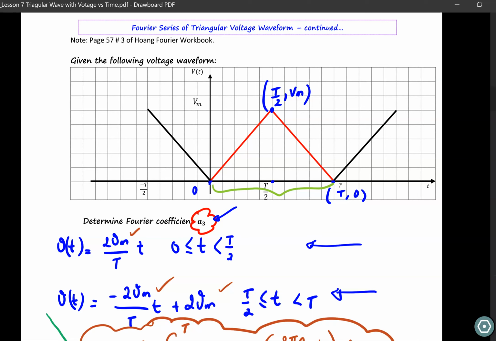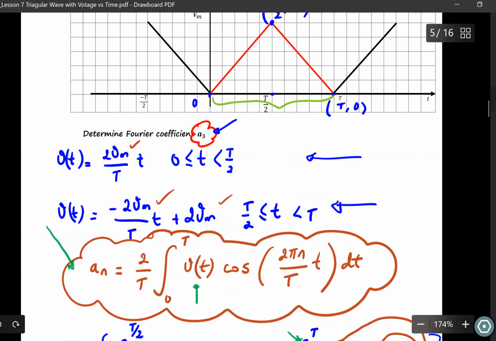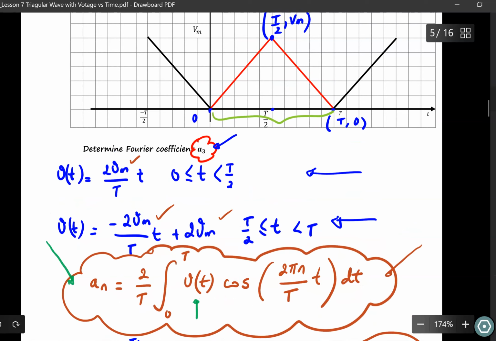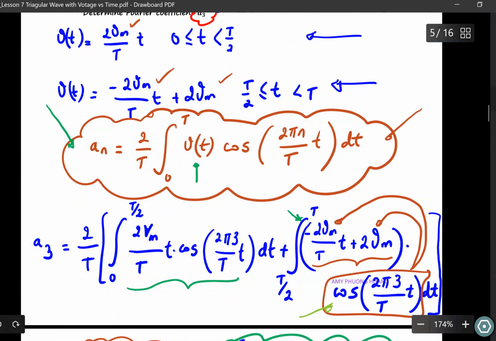But in this case, we don't have to worry about that. They just ask us to determine Fourier coefficient A3. So to find A3, you are using the formulas given to you, which are these formulas. And because V(t) involves 2 equations to work with, you have to write all of that into these integrals, including all the intervals that you have to deal with.